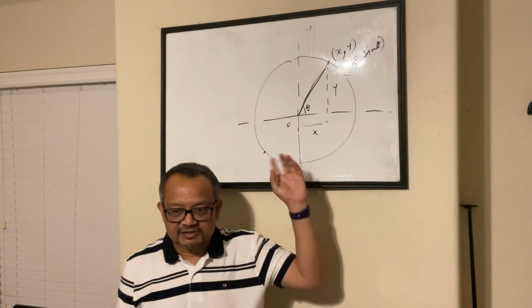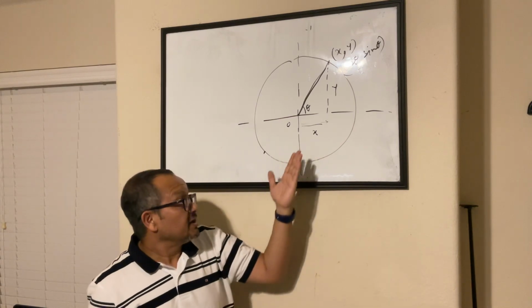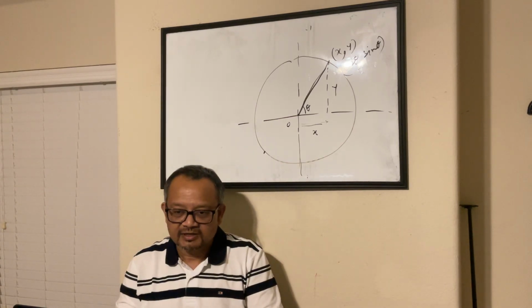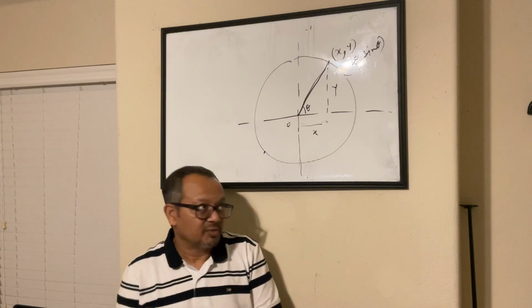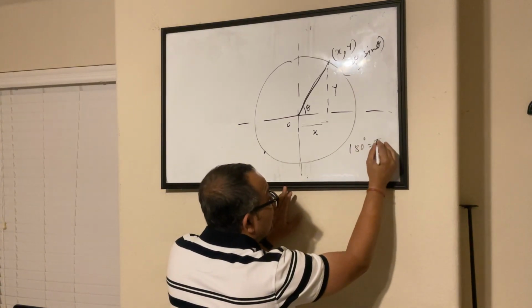How many radians does a circle have? 360 degrees in degrees, in radians it is 2 pi. So every 180 degrees is nothing but pi radians.